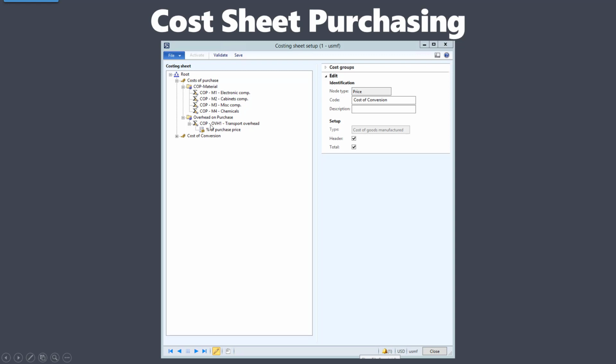But here's where the magic is. We're also saying that we have the ability to have an overhead on a purchase, which means now I can apply an overhead factor, very important, to my purchase so that I can absorb some of these costs that are allocated through my process.